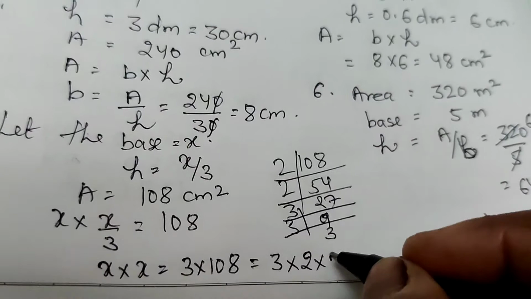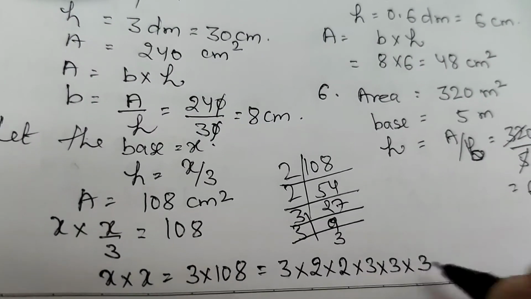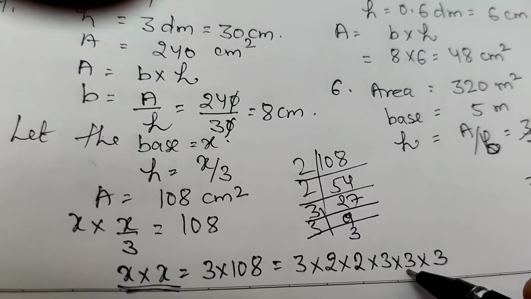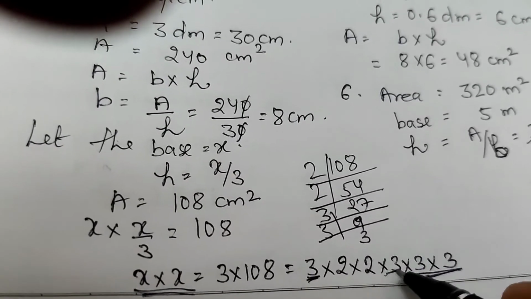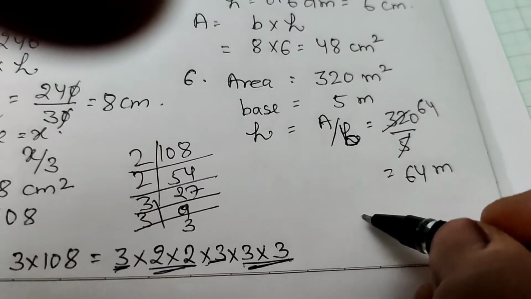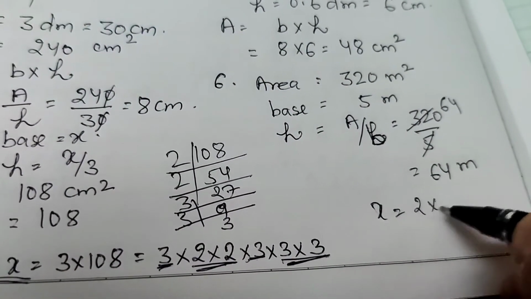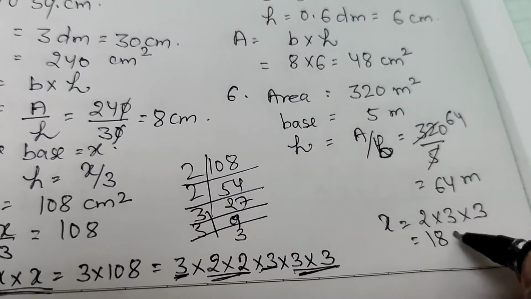So you can write 2 into 2 and 3 into 3 into 3. And here is x into x, and this is also x into x. We just have to find the square root: 3 into 3 and 2 into 2. So you can write x equals 2 into 3 into 3, which is 18 centimeter.